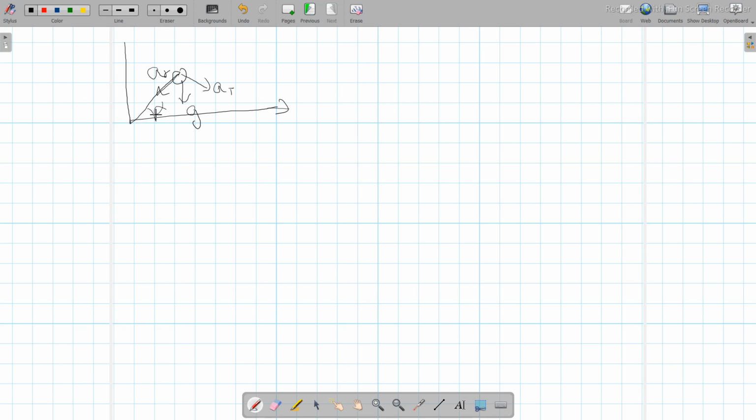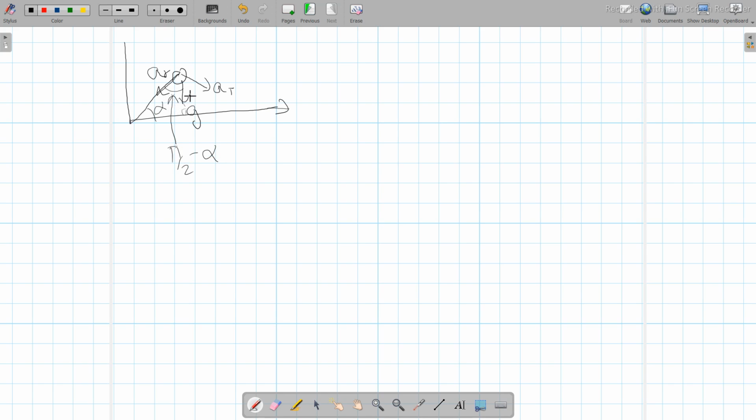This is alpha. So this is pi by 2, so this angle will be pi by 2 minus alpha.